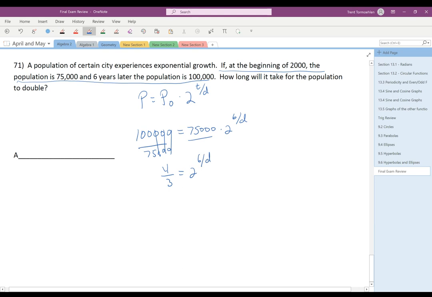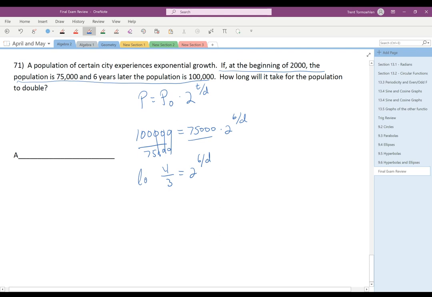Now we just need to solve this, and there are various ways you can do it. It's going to be using logarithms. I'm just going to use log base 10 to make my life a little bit easier typing it into a calculator. You could also do log base 2, that would be perfectly fine.